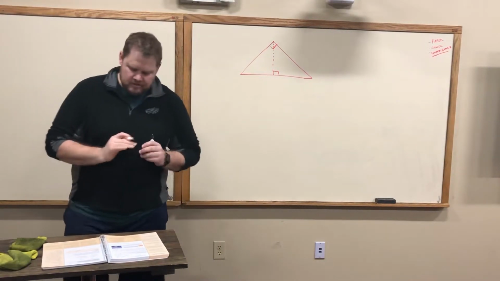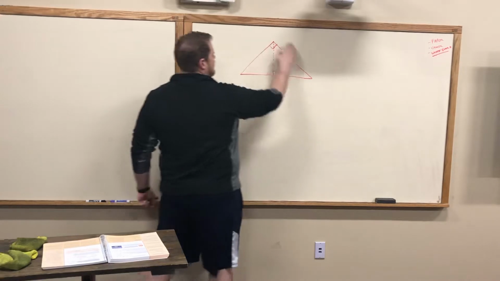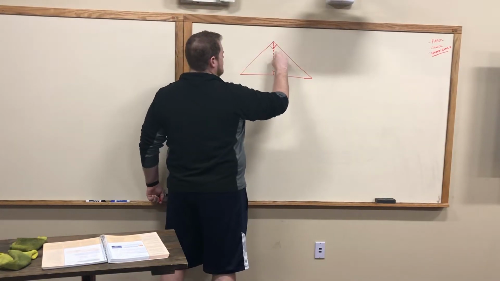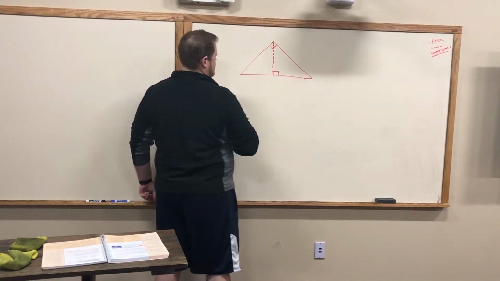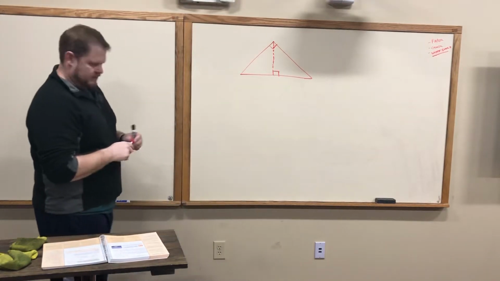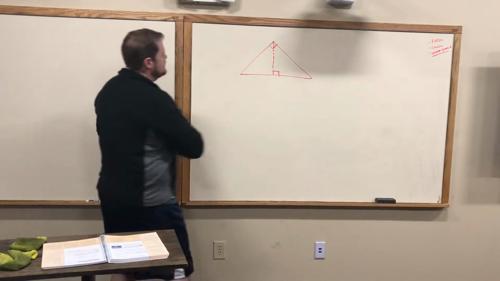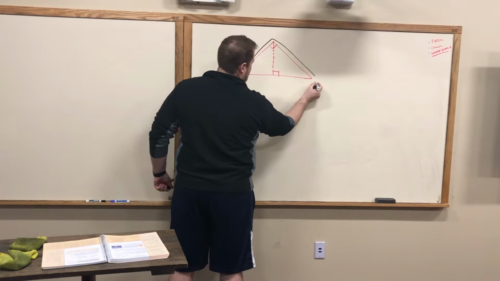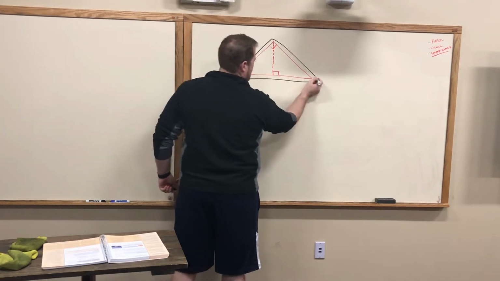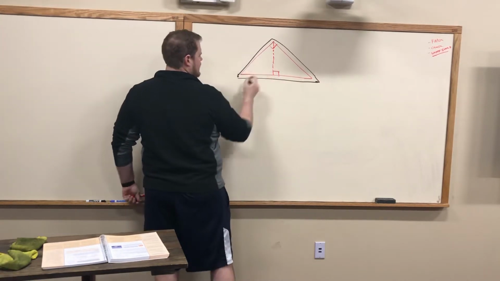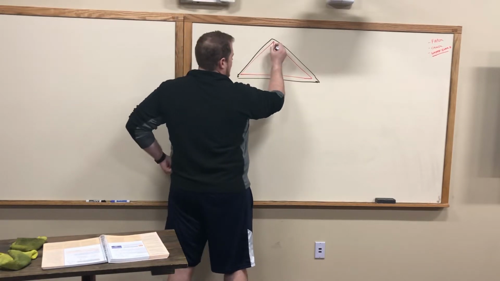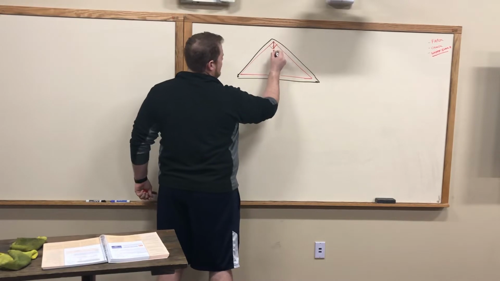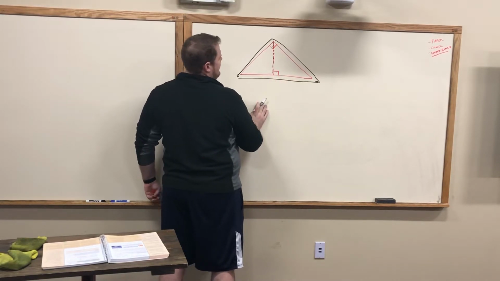So, let me ask you this question. If this whole big thing is a right triangle, and I draw an altitude, that would form a right triangle. Now let's think about that for a second. See this big triangle? Everybody see that big triangle there? That would have a congruent angle. What else would it have? If you take this and you think about this for a second, draw that like this.